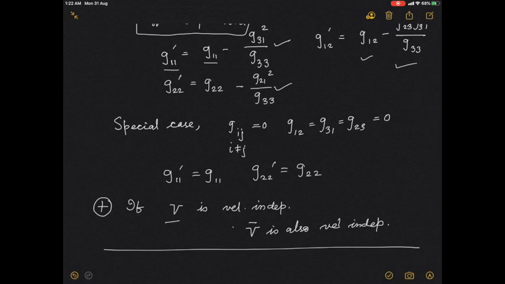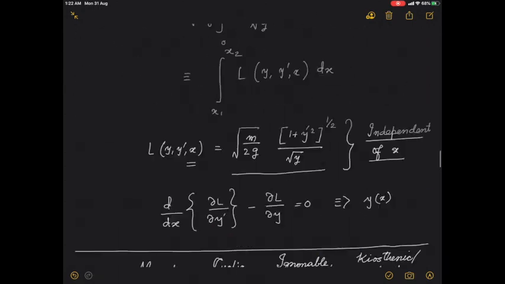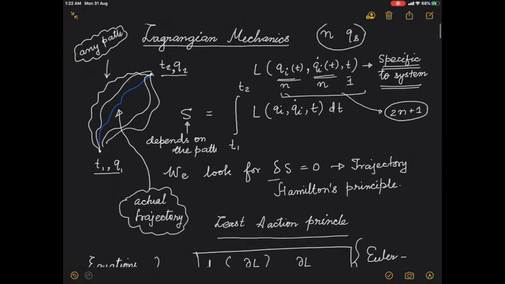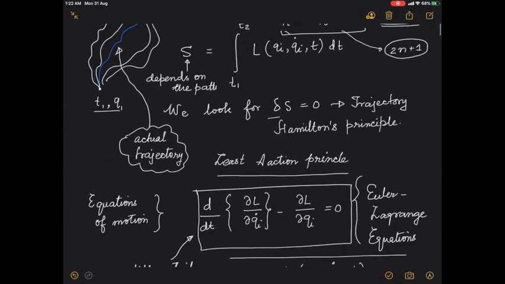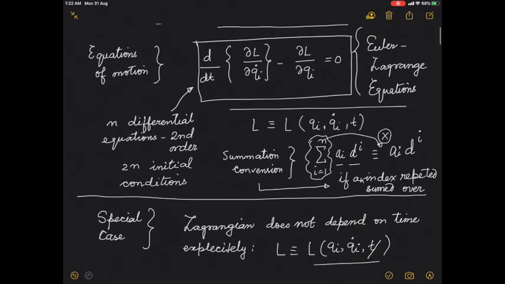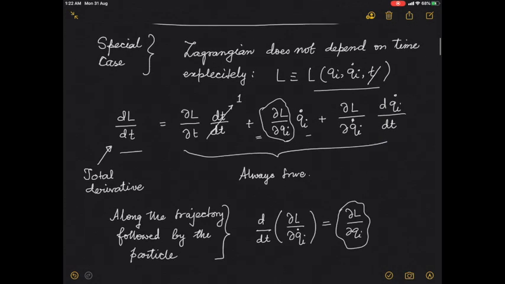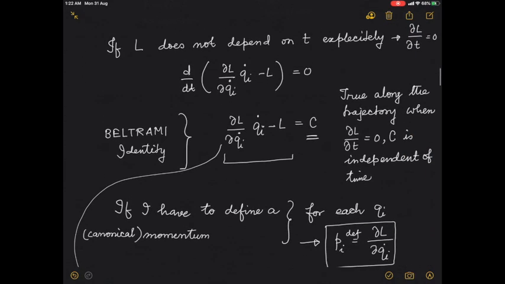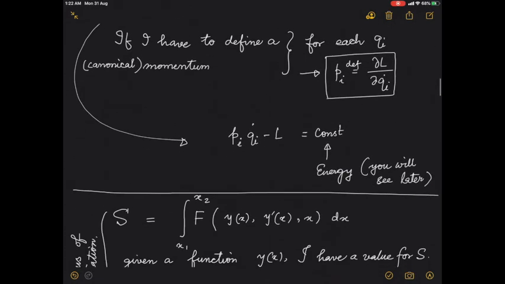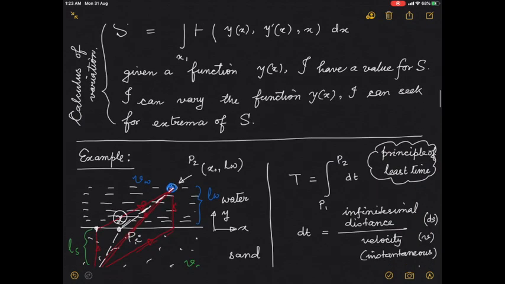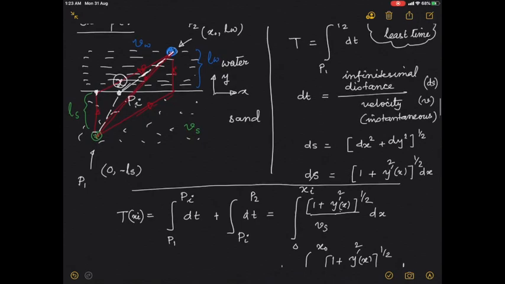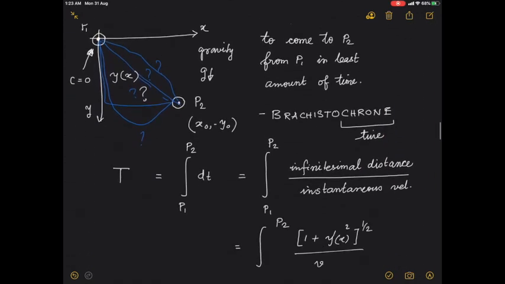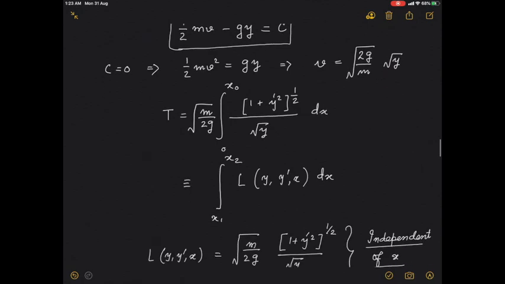So that is all that we had to discuss today. We discussed quite a bit of things today. We started by recapitulating what we learned last time about Lagrangian mechanics, and we talked about the special case where the Lagrangian doesn't depend on time explicitly, and we talked about the Beltrami identity. Then we moved into a little bit of discussion of calculus of variations, and we looked at two problems, both of which were the principle of least time, and I asked you to complete those two problems.